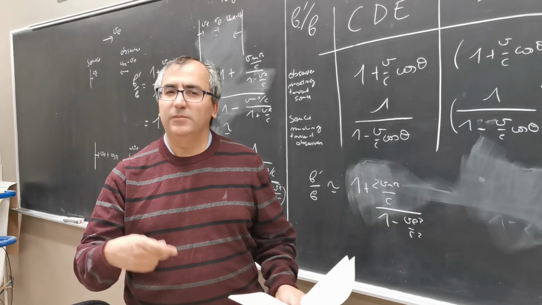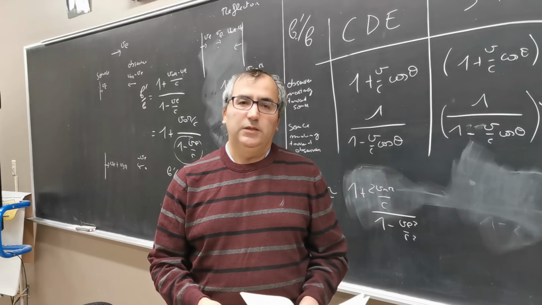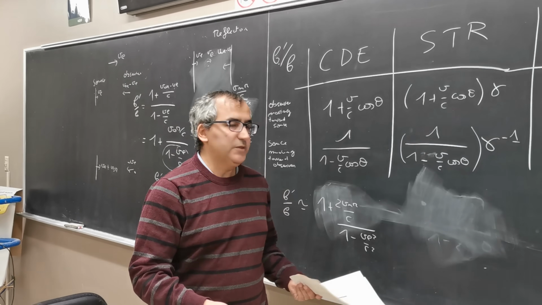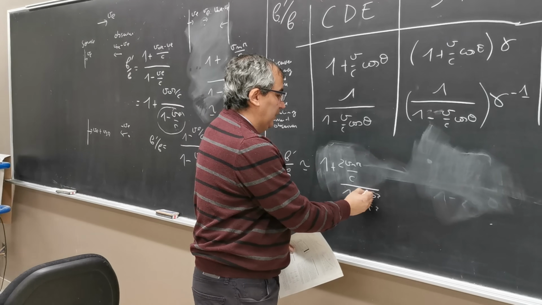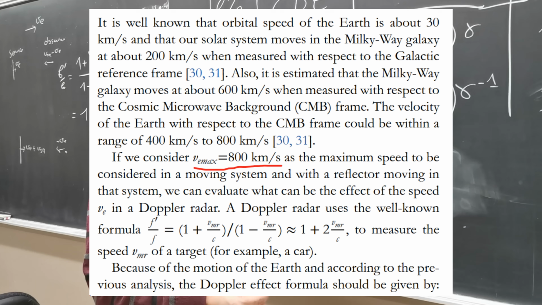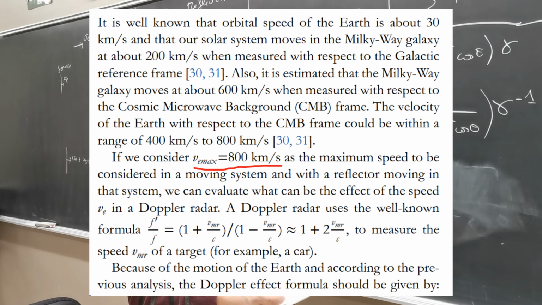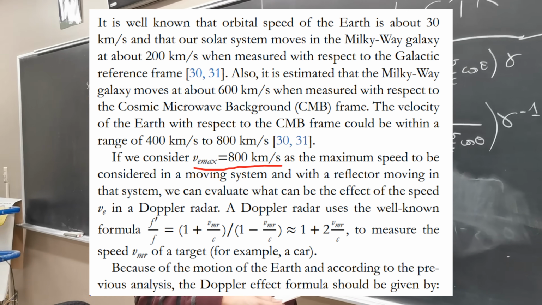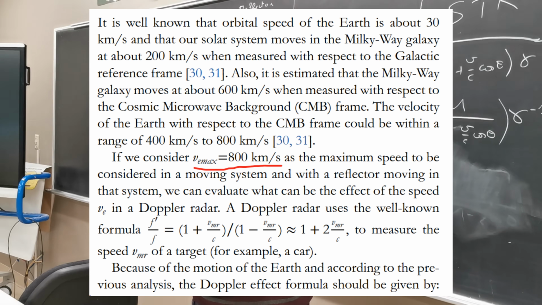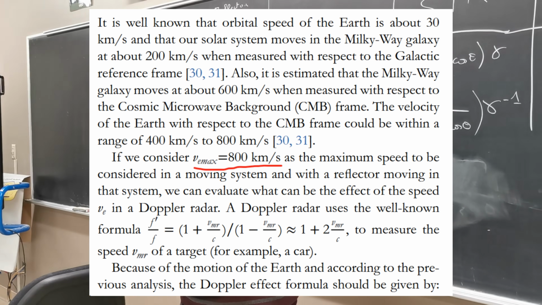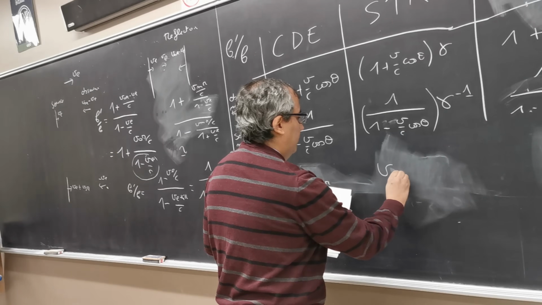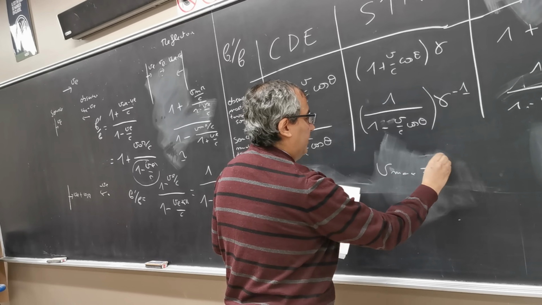Let's suppose we are moving relative to the medium for light. What kind of velocity can we consider for VE? A maximum velocity. In the paper, I put the details of how we get this value. We use, for example, a maximum velocity of Earth relative to the CMB, the cosmic microwave background.